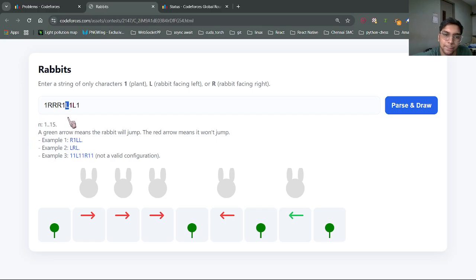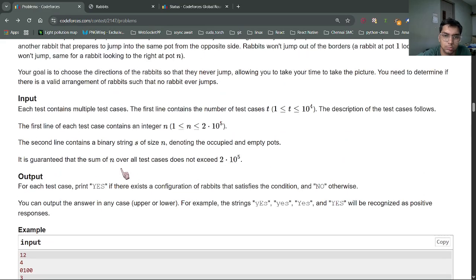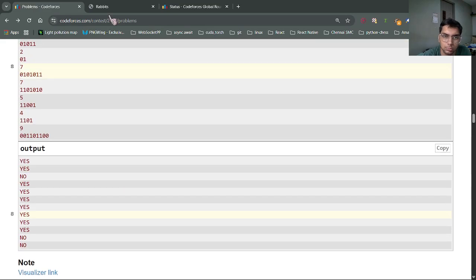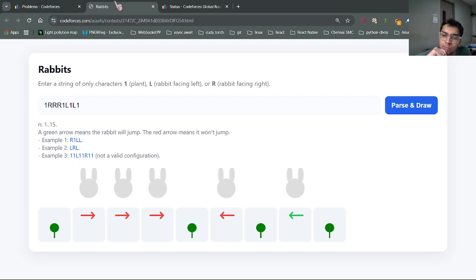So, because the L points here now, we need to change this.